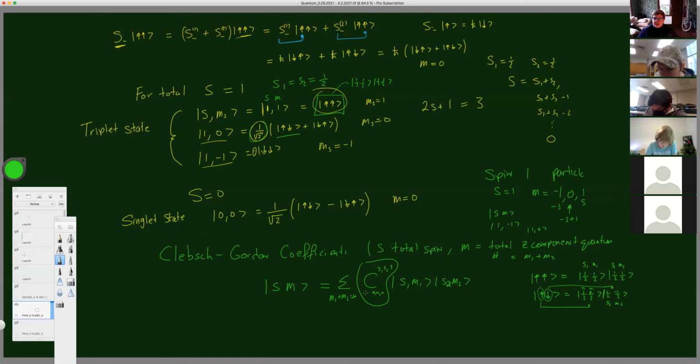It's just saying, hey, the total ket, the state that is written in terms of the total angular momentum S and the total z quantum number M, is some linear combination of the two single spin states, with some coefficients, the Clebsch-Gordon coefficients.